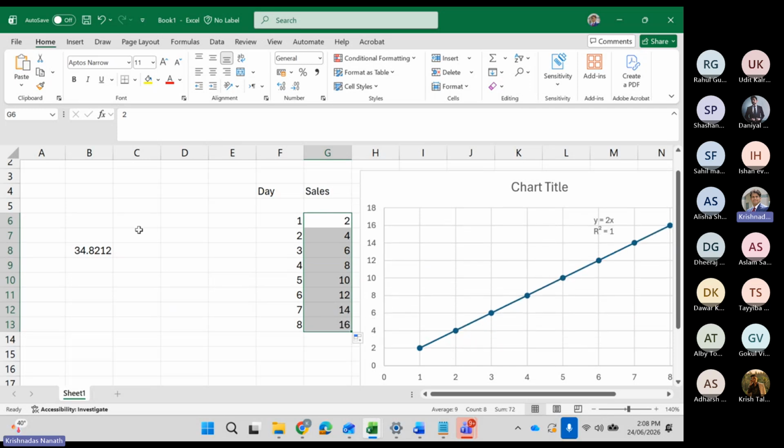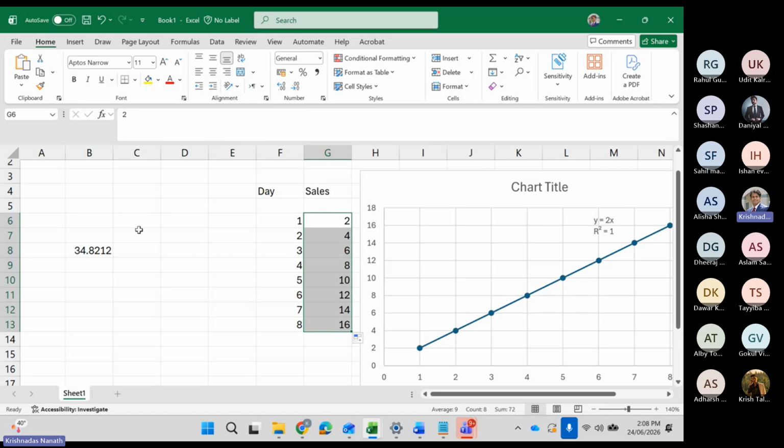What happened to R square? 1, which means 100% fit between trend line and the actual data. And that's why you don't see the trend line. The dotted line is actually on top of the actual data, which means there is a 100% match between trend line and your actual data.